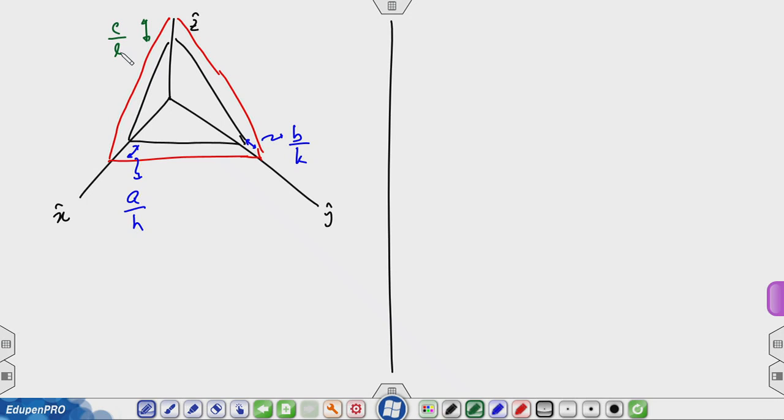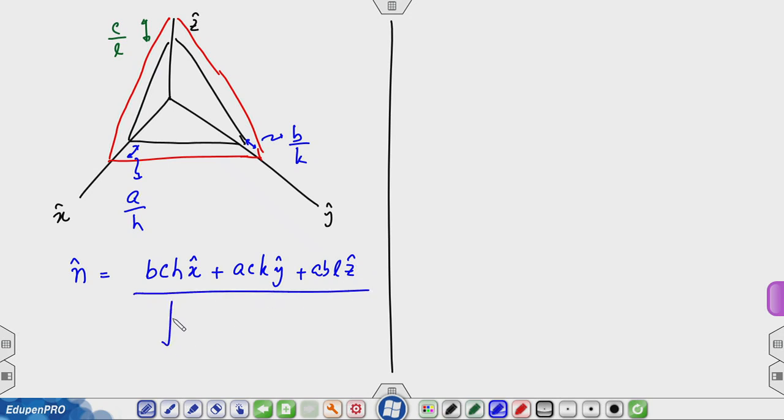I need to take the projection of any of these vectors along that normal, and that normal n is equal to b c h along the x direction plus a c k along the y direction plus a b l along the z direction divided by square root of b square c square h square plus a square c square k square plus a square b square l square.